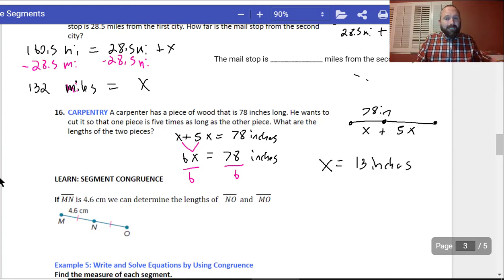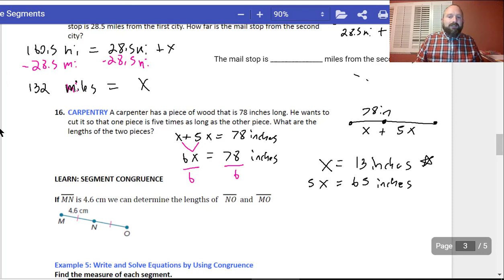So one piece is x. Let's put a star. But the other piece is 5 times that. Well, 5 times 11 is 55, plus 2 more 5s would be 65. So 65 inches. We could have also done that by doing 5 times 13, but don't tell anybody.